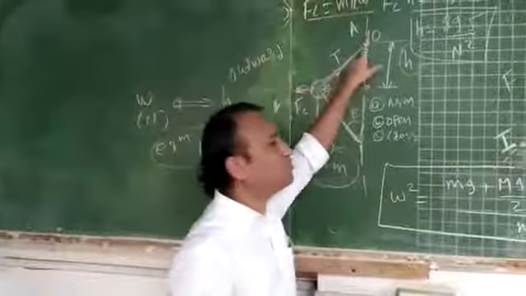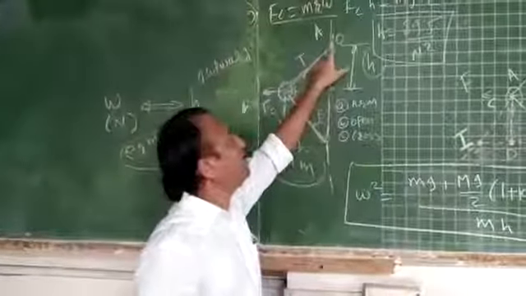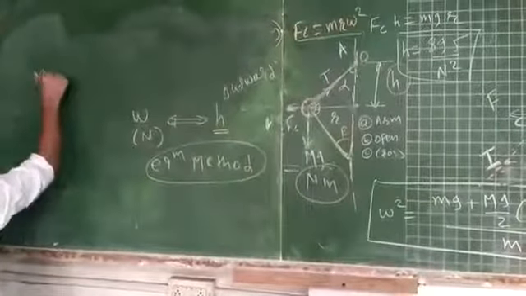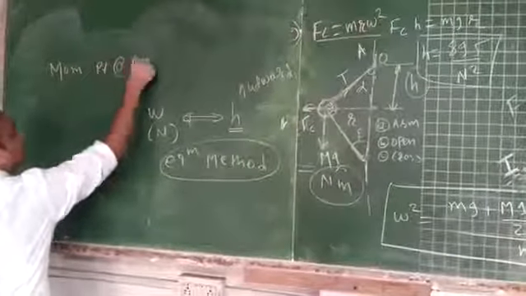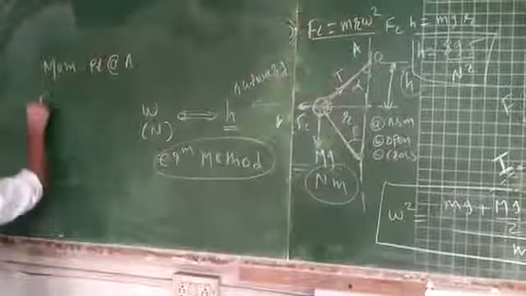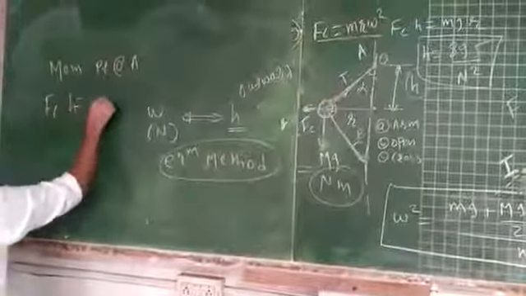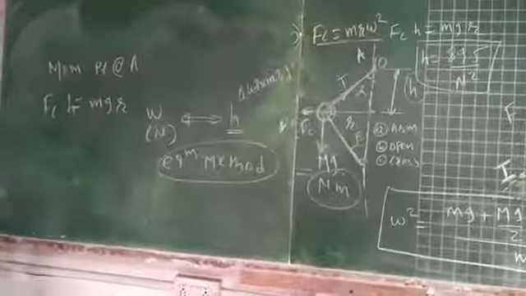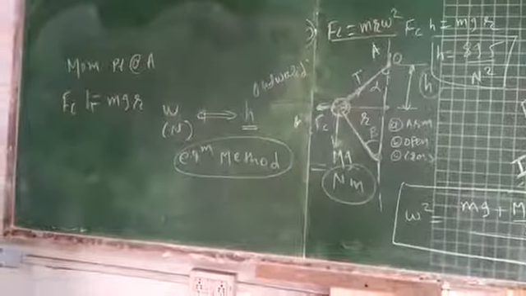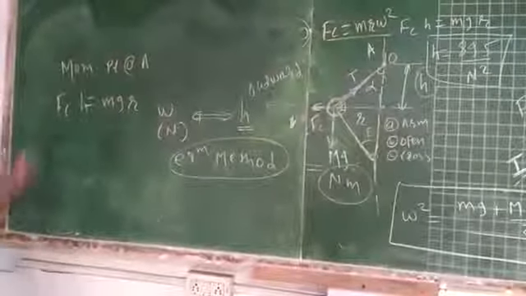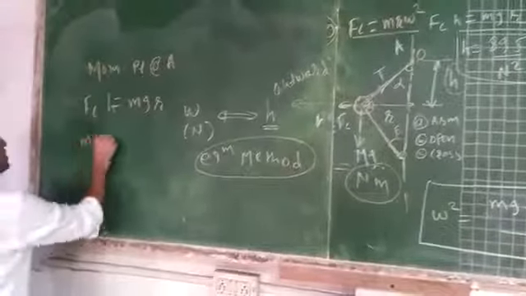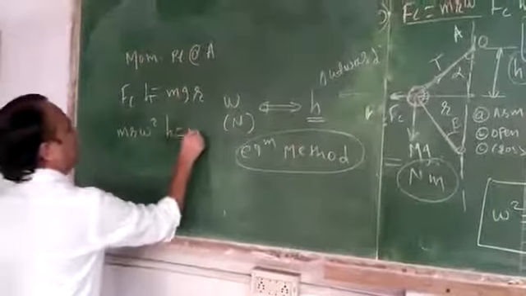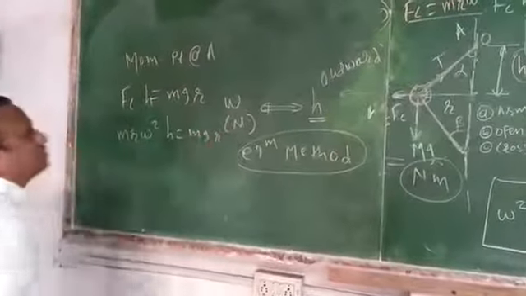Here simply what I will do, I will take moment at point O. By taking moment at point A, I will get Fc into h is equal to mg into r. Okay, h and r are the radial distance from corresponding forces. So by simplifying this, Fc is m r omega square, so m r omega square h equals mg into r.